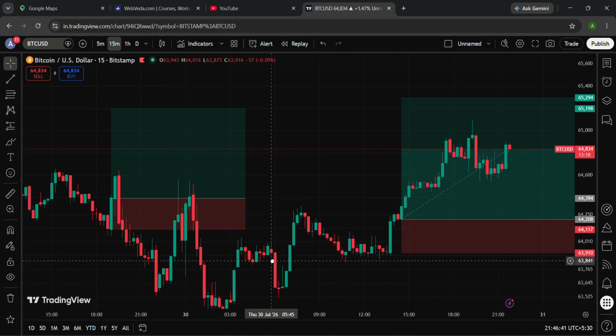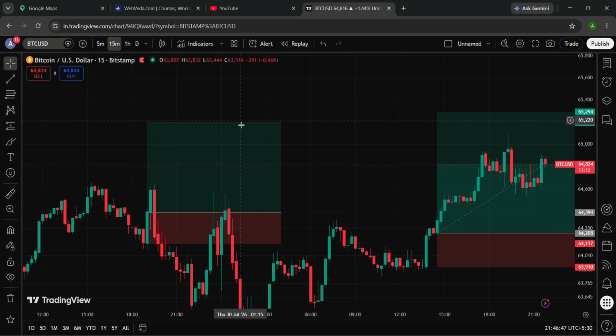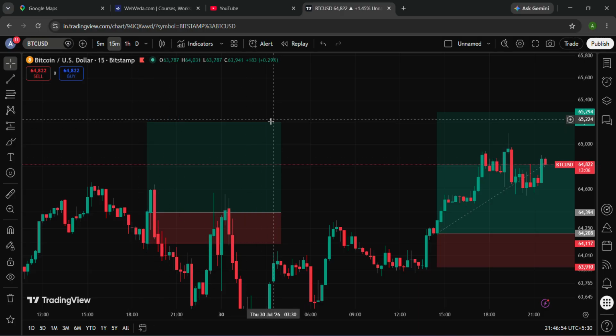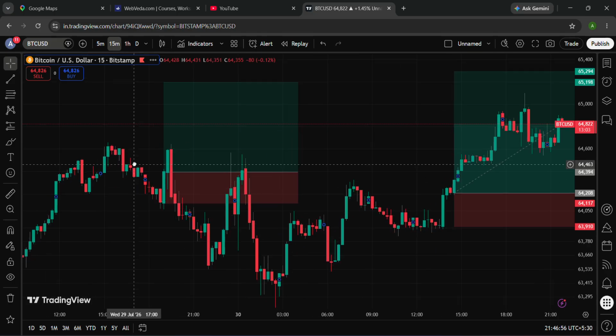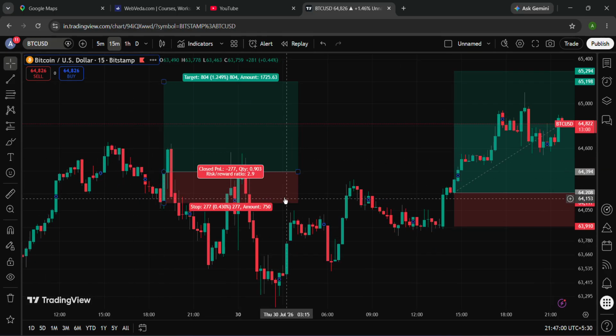This is a trade where my SL got hit, because I was thinking that the price would go upward and hit the line called the target line, but the price didn't, it just moved downward, and my SL got hit. In this position, my risk to reward ratio is approximately 2.9, you can consider it 3.